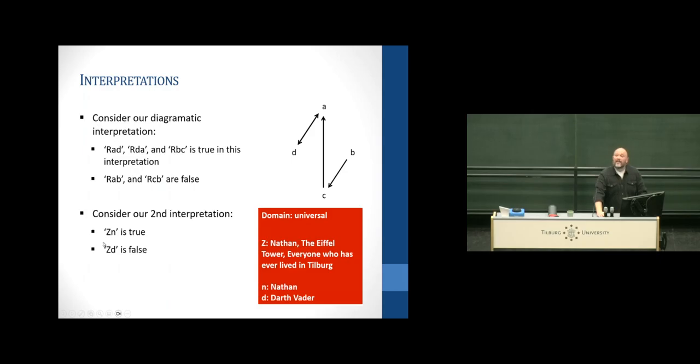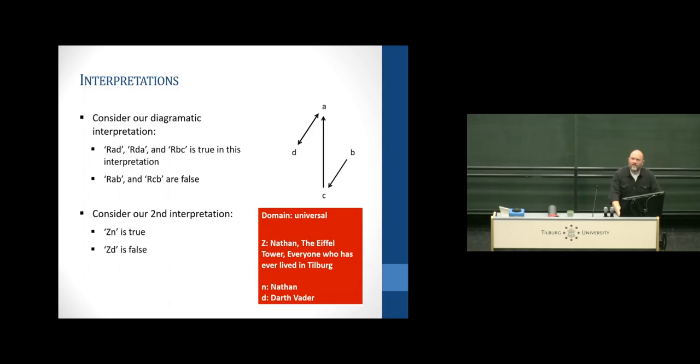So there's going to be plenty of interpretations where Zn is false. Let's have N here stand for, I don't know, the city of New York. That's a variant interpretation, and on that different interpretation, this would be false. So truth or falsity is always relative to a model, relative to a particular interpretation.